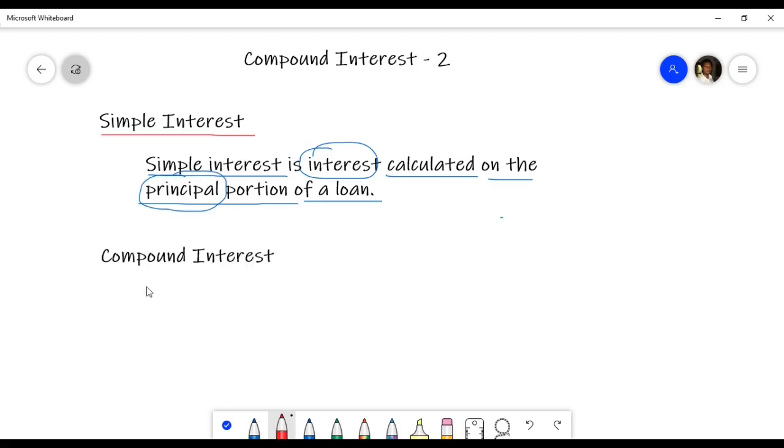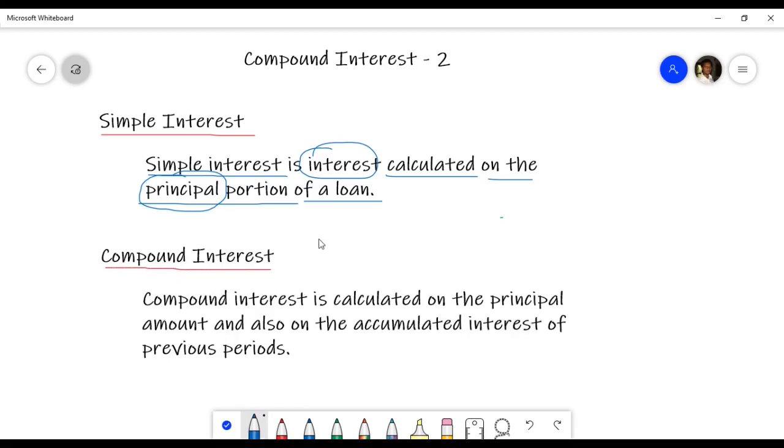But on the other hand, compound interest is based on the principal amount and also on the accumulated interest of previous periods.